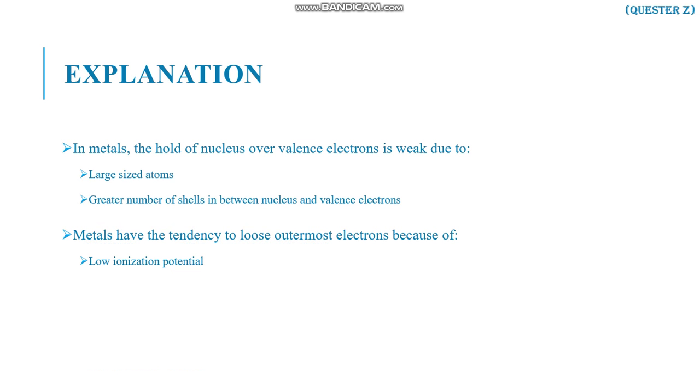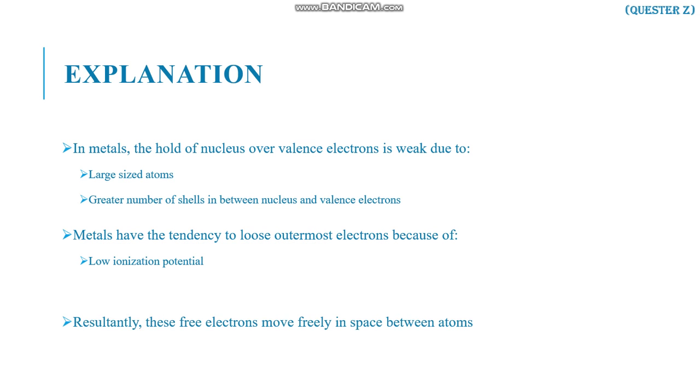So the ionization energy is the minimum amount of energy that is required to lose the most loosely bound electron from the outermost shell. Here the hold of the nucleus on the electron is very weak, so the removal of the electron is very easy, so very little energy is required to remove it. That's why the ionization potential is very low, because the energy required to remove the electron is very low.